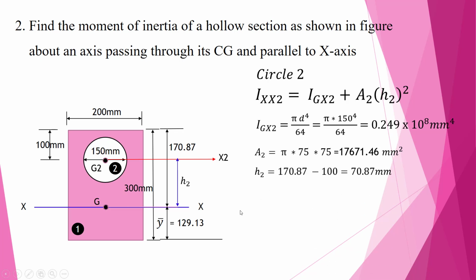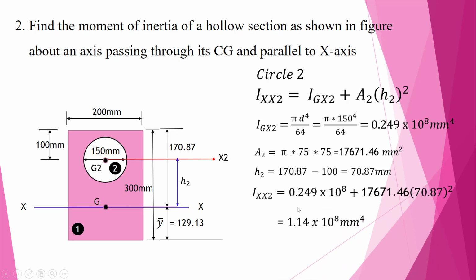H2 can be found out by subtracting 100 from 170.87. That means h2 will be equal to this distance 170.87 minus this distance, that is 100, which will be equal to 70.87 mm. So Ixx2 is equal to 0.249 into 10 raised to 8 plus 17,671.46 into 70.87 square, that is equal to 1.14 into 10 raised to 8 mm raised to 4.